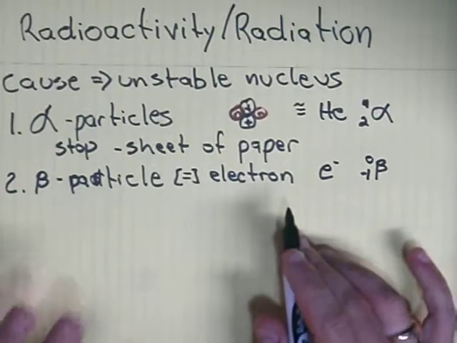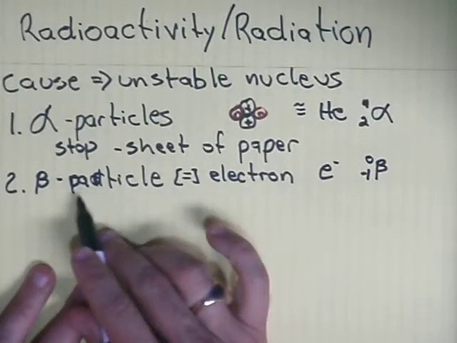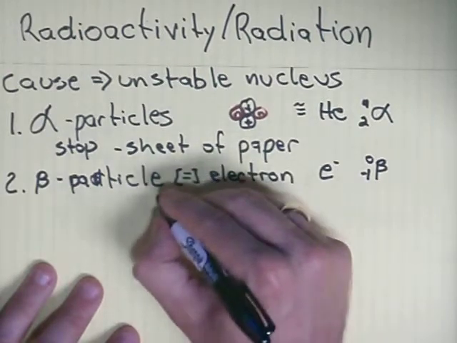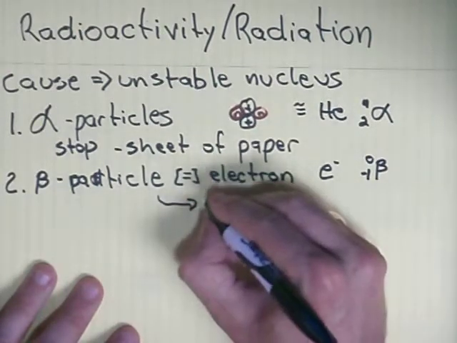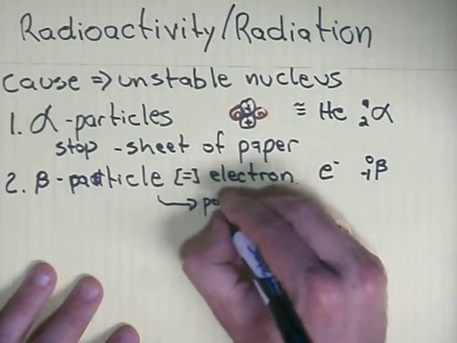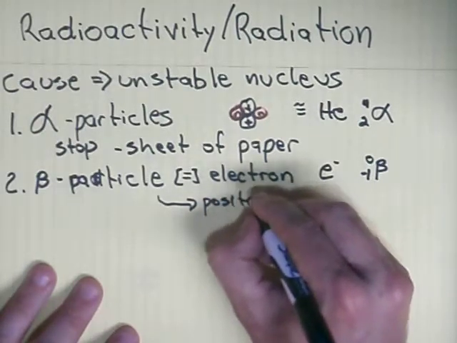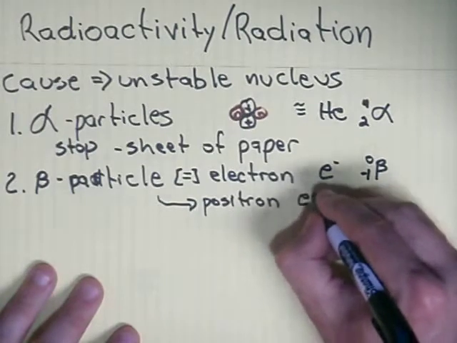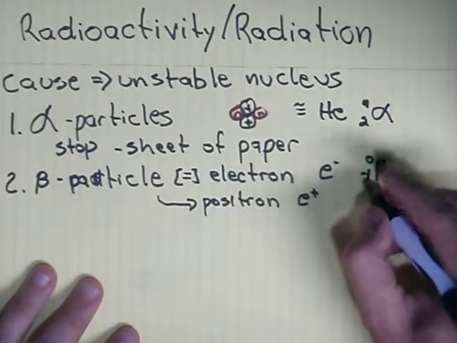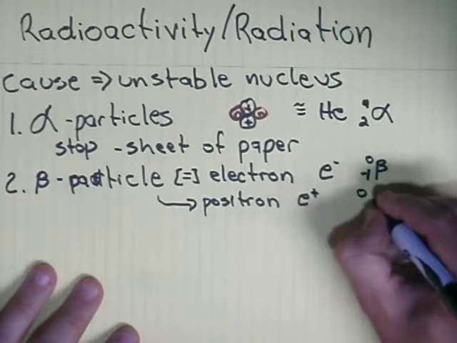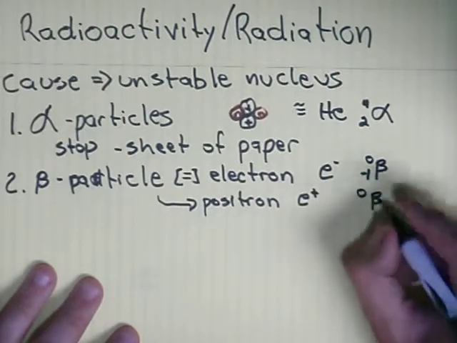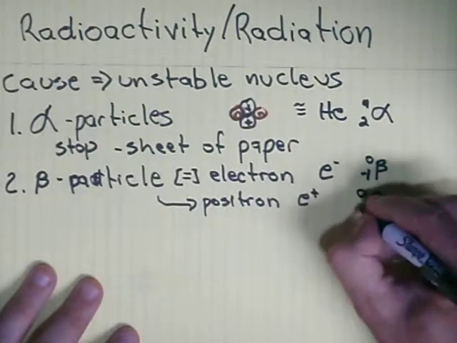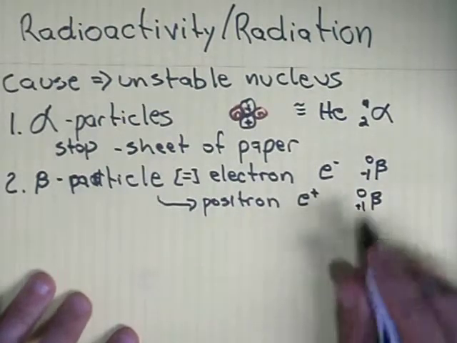Similar to that, and you'll see this as well, it's a variation of a beta particle, what's called a positron. And that is basically a positively charged electron. And you would see that written 0 for the mass, again, the Greek letter beta, and then there's a +1 down there.